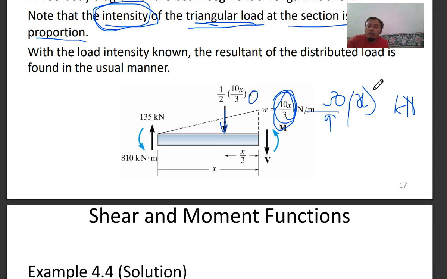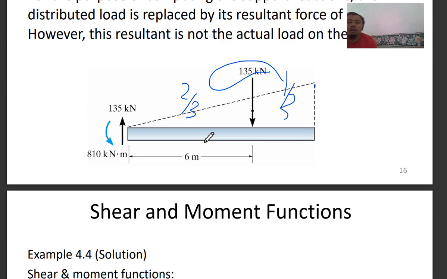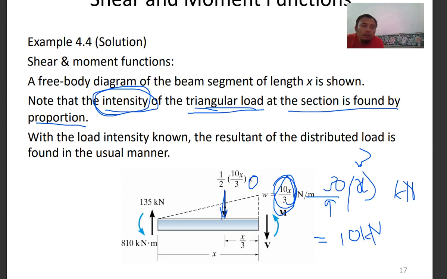If you put x with a value of 3, for example, you want to know at 3, your value of distributed load will be 10 kilonewton. So for example, here you have 30 kilonewton at the maximum, but at 3 meters, let's say this is 3 meters, your triangle here would be 10 kilonewton per meter. So that's how the solution comes up with the value of 10x.